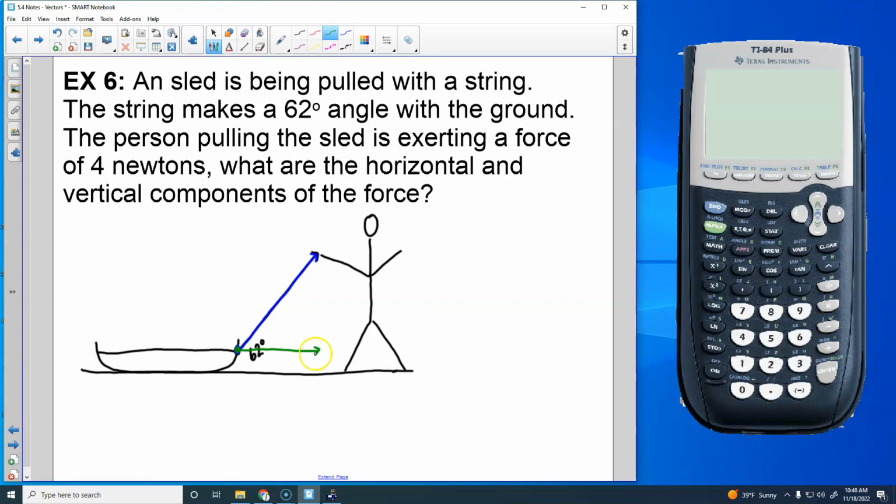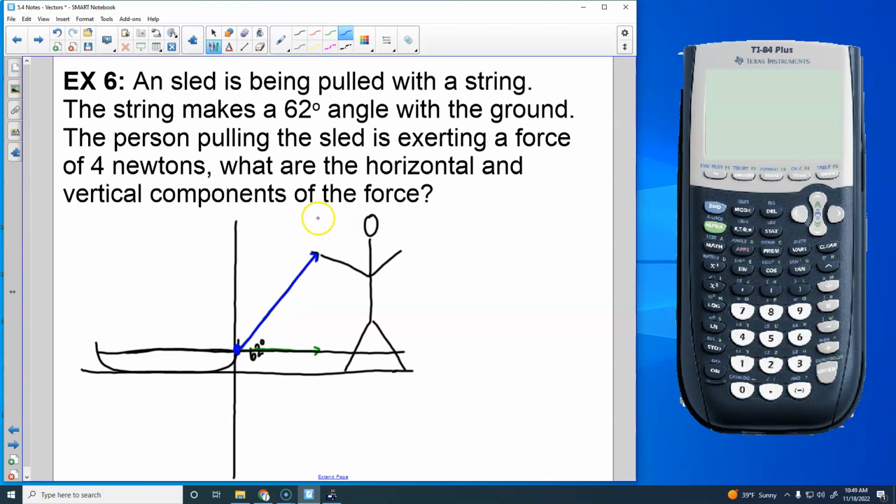So you kind of have to give up some of your efficiency for the ease of being able to do it. It's much easier to pull the sled this way. So we're going to treat this kind of like our XY axis is right here. I kind of got ahead of myself drawing that green vector there. This blue vector is my resultant.